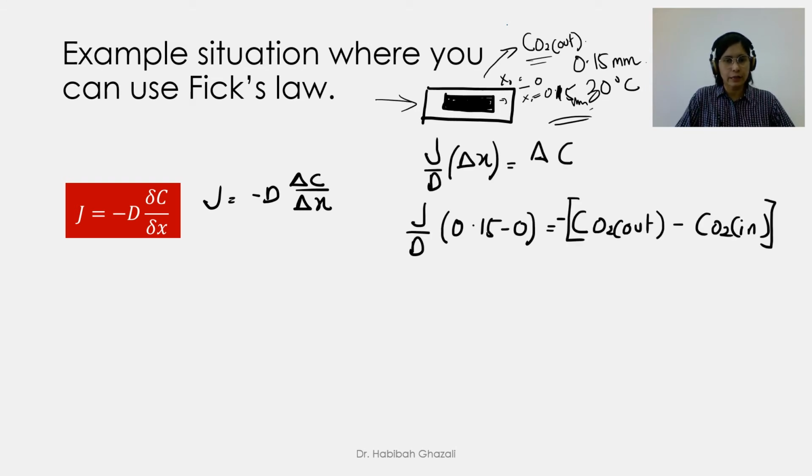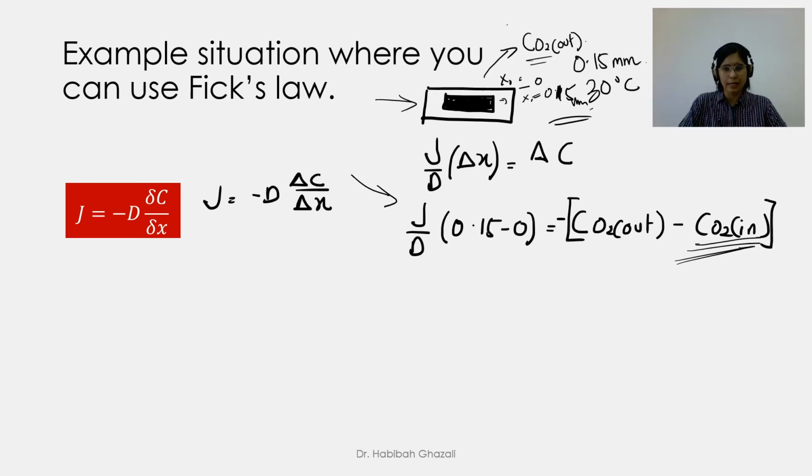If we rewrite this equation, we get this equation here. From here, the only unknown is the concentration inside this plastic foil. This is a steady state diffusion, so there will be a constant concentration gradient, and the concentration gradient won't change.